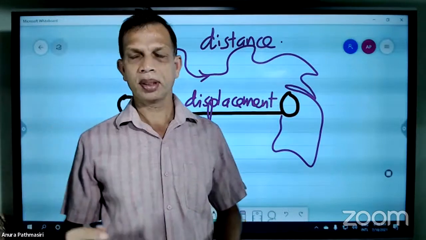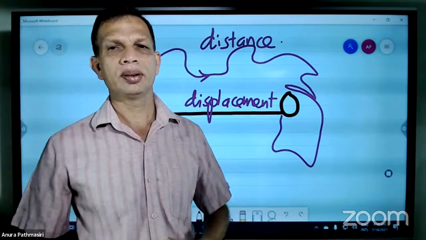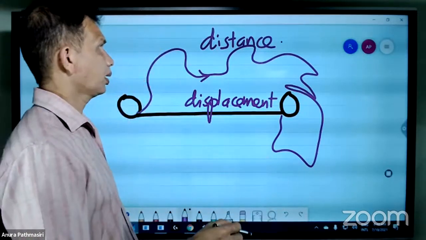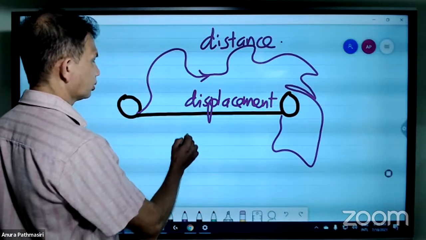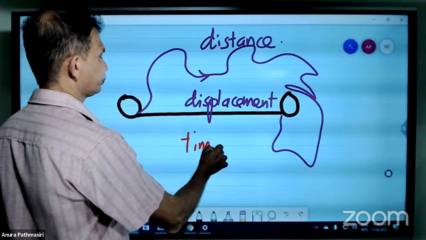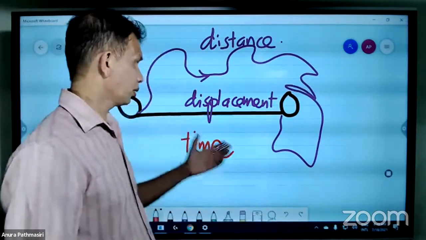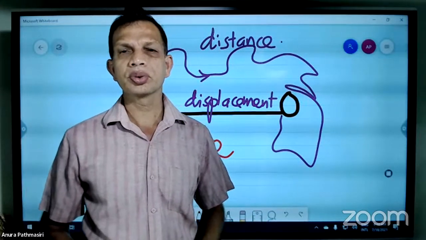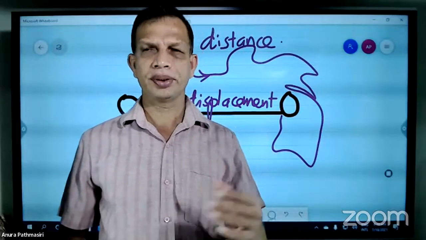And there are some other phenomena related with the motion of an object between 2 points, and that is the relationship with time. So you have distance and you have displacement, then you have time, because you consume both when you are moving from one place to another.